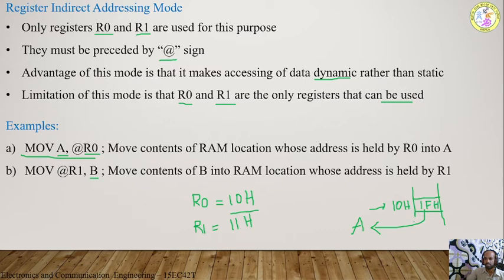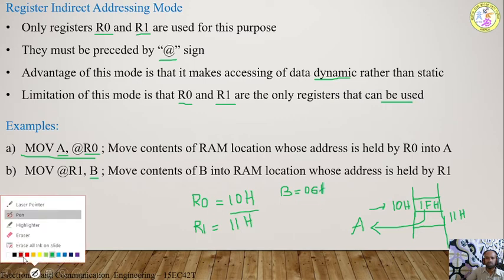So after 10H, we get 11H. Let us assume that this memory location is 11H, and that the content of the B register is 06H.